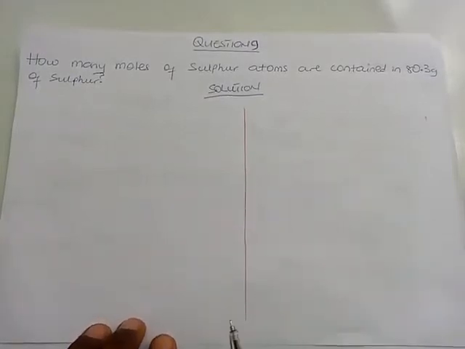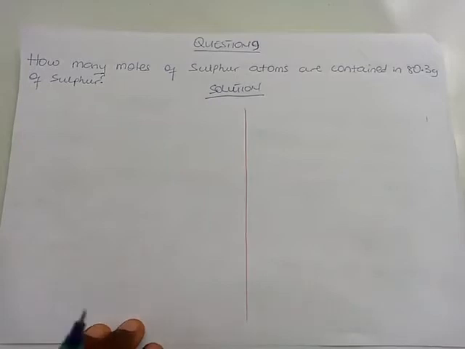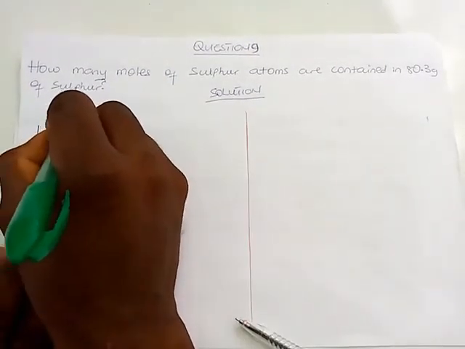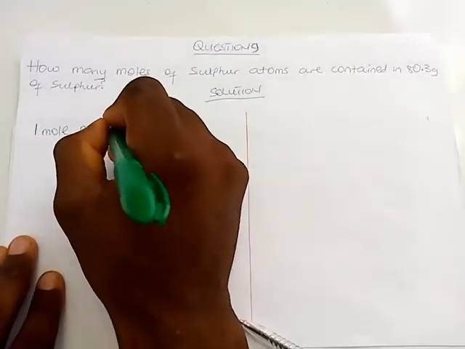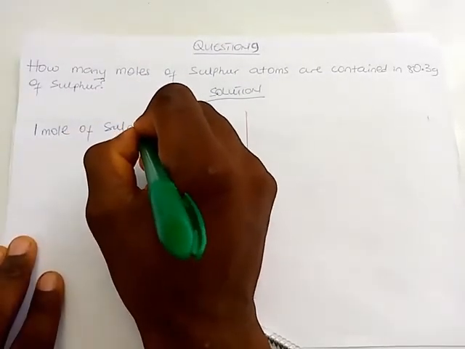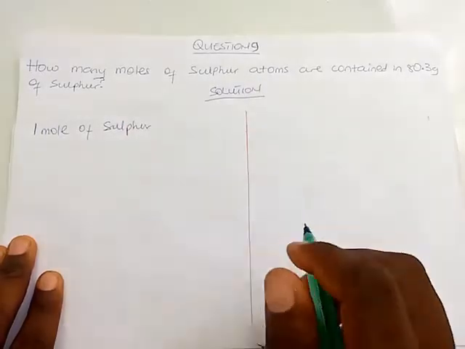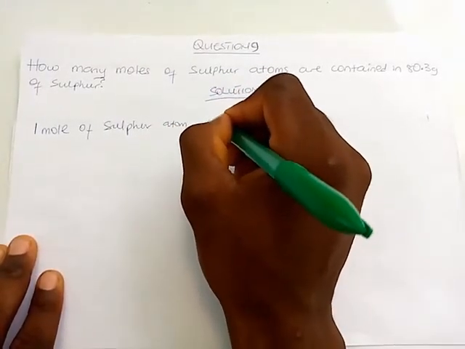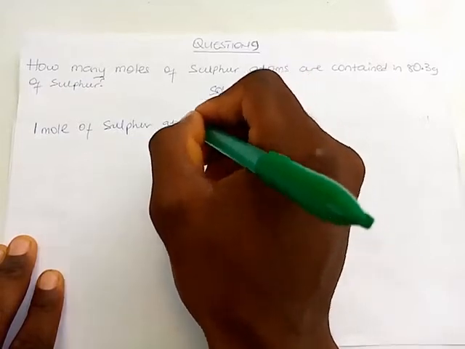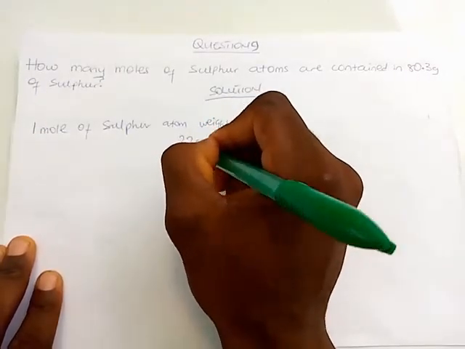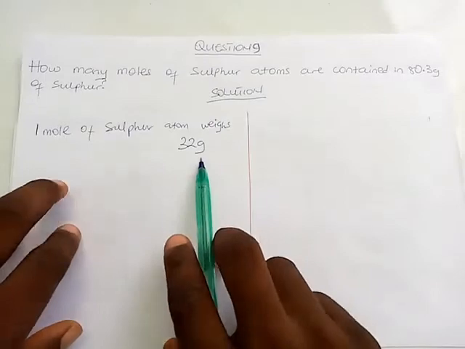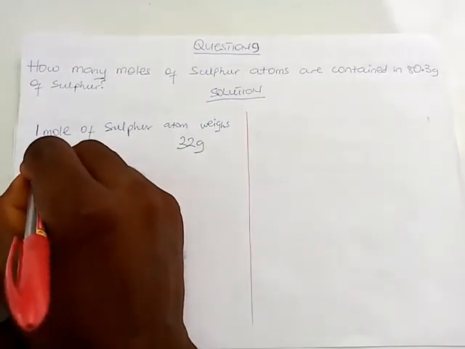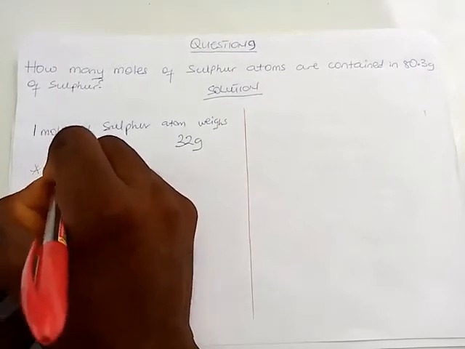So 1 mole of sulfur atom weighs 32 grams. That means the molar mass of sulfur is 32.